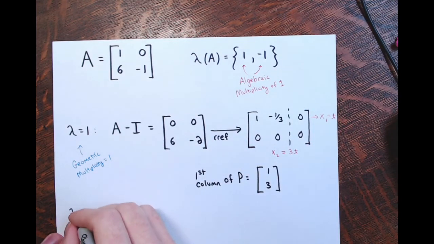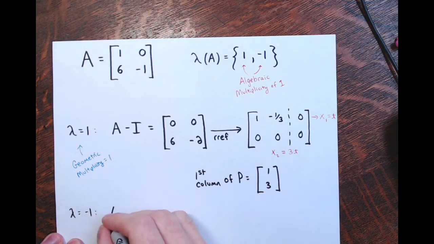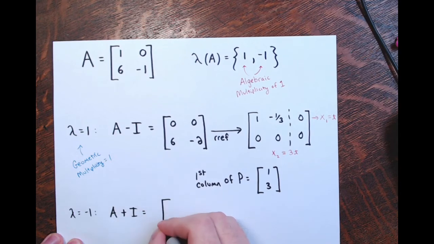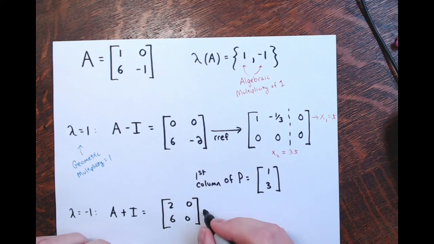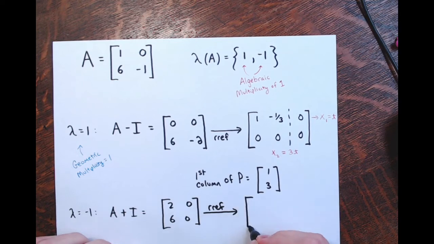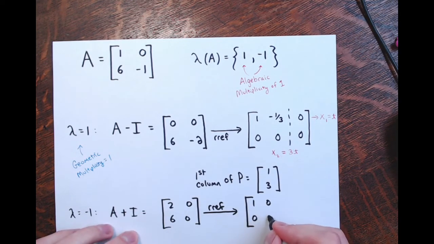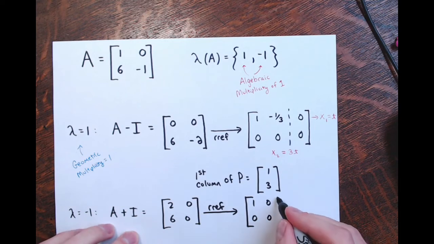Now for lambda equals negative 1, I'm going to look at A minus negative 1I, or A plus I. So that's just adding 1 down the main diagonal. So I'd have 2, 0, 6, 0. And again, put this into reduced row echelon form. Simple enough, just 1, 0, 0, 0. Because I can multiply the top row by negative 3, add it to the second row, make those zeros, and then multiply the top row by a half.